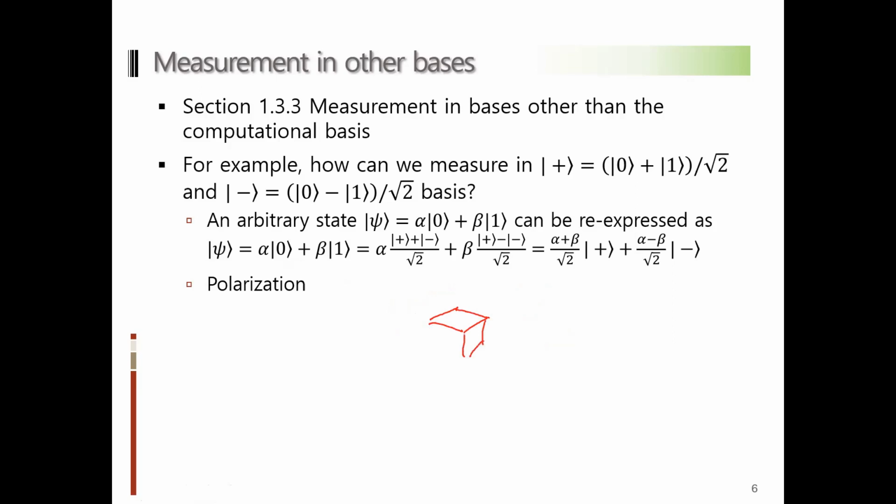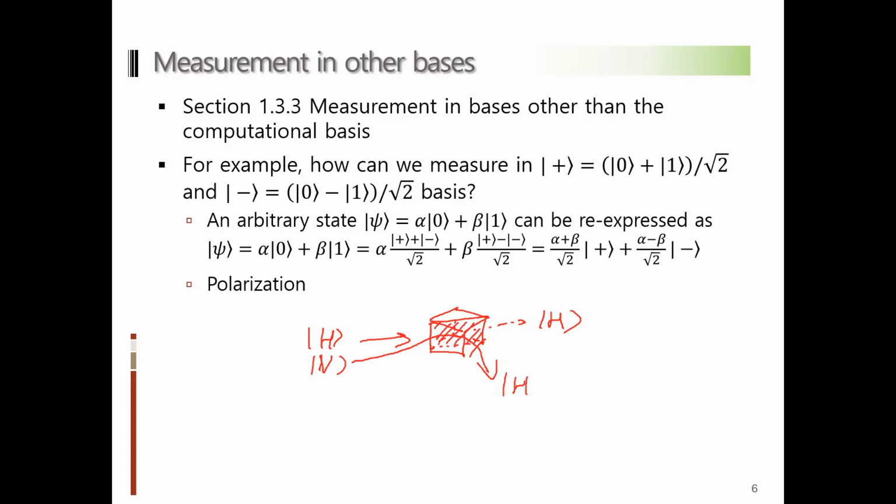If we have a photon coming in, then depending on the input polarization, either H or V, the H polarization will transmit, while the V polarization will be reflected at the inner surface of this cube.